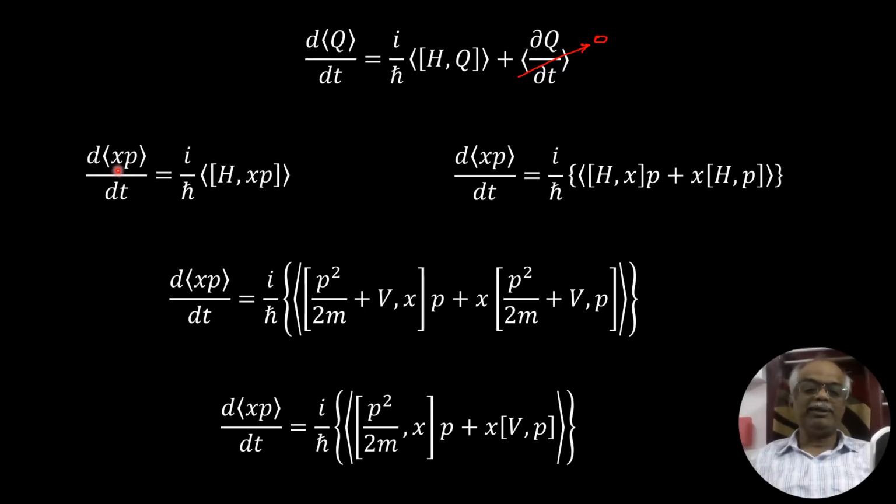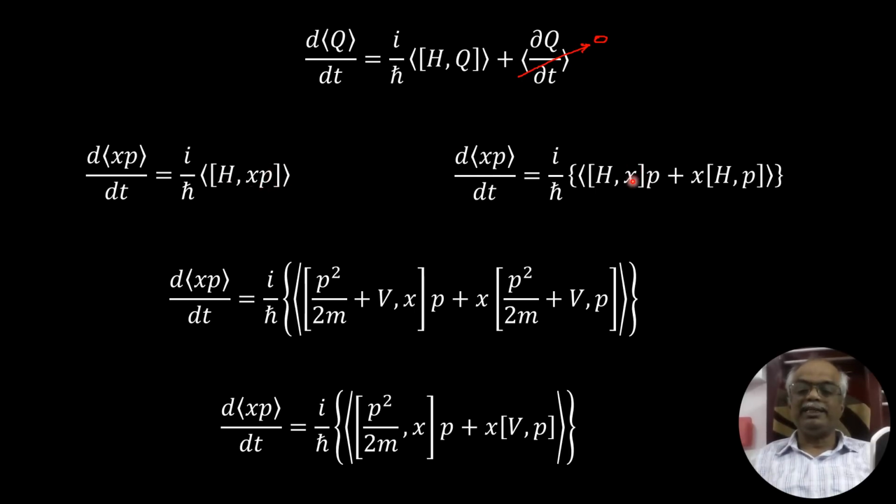Here the time derivative of the expectation value of Q is given as xp, x multiplied by p, which is equal to i over h-bar times the expectation value of the commutator of the Hamiltonian with x and p. So using the commutation relation, we can expand this commutator.